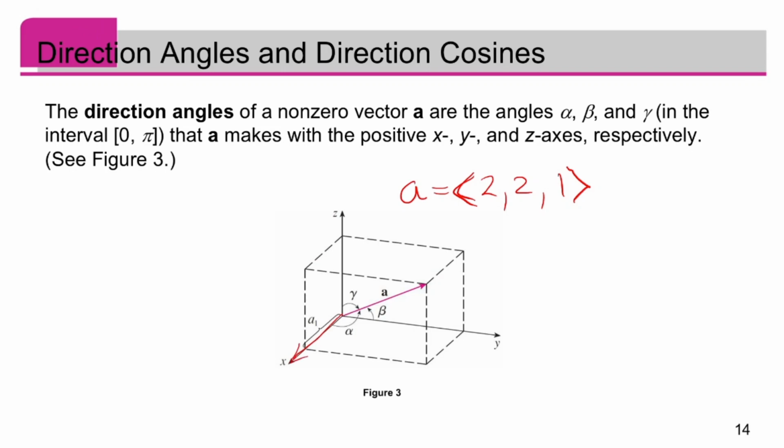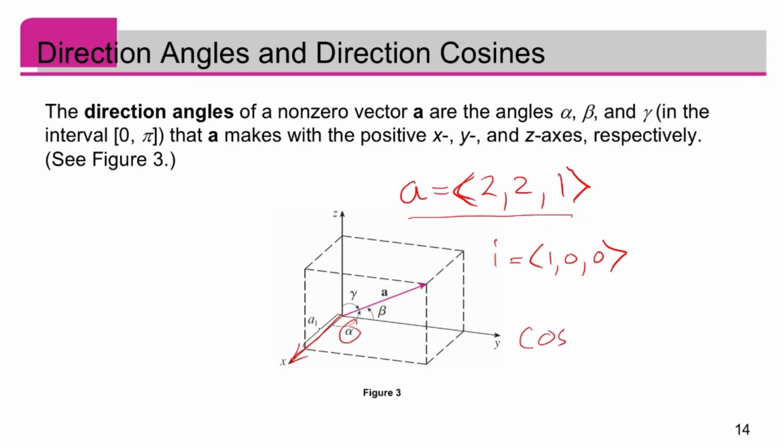The alpha, the direction angle alpha here, is just the angle between that vector and the positive x-axis. And so we could easily just use this, i equals 1, 0, 0, as the other vector and find the angle between these two, which is actually quite simple.